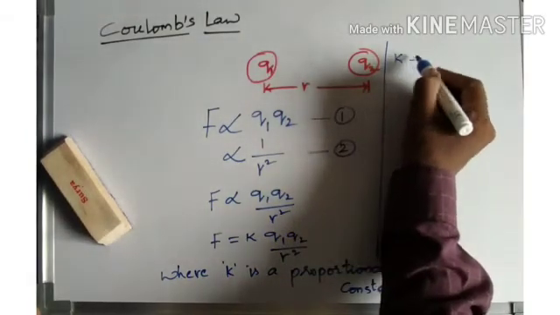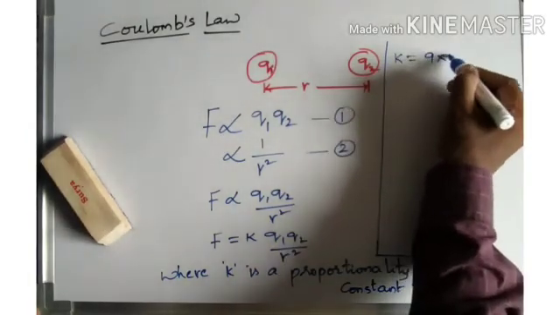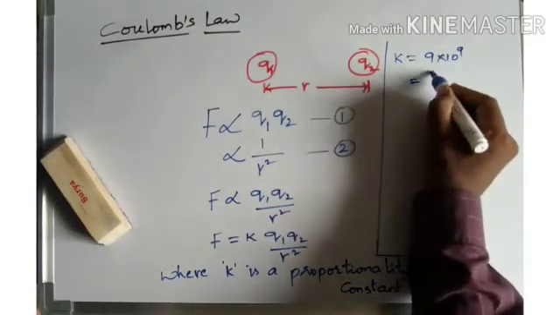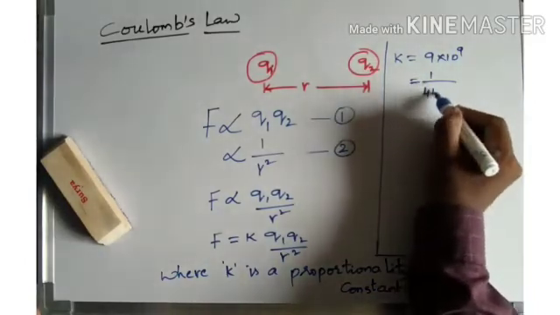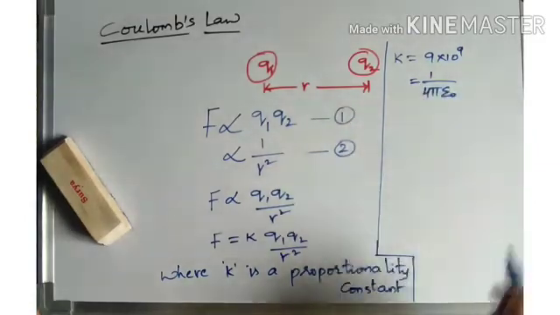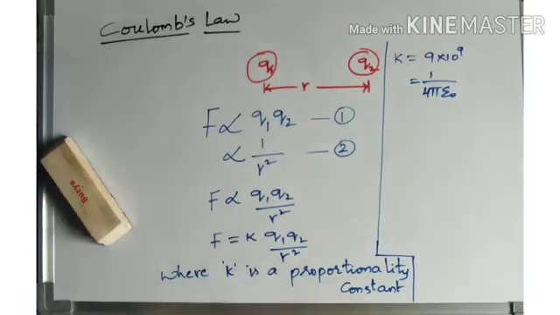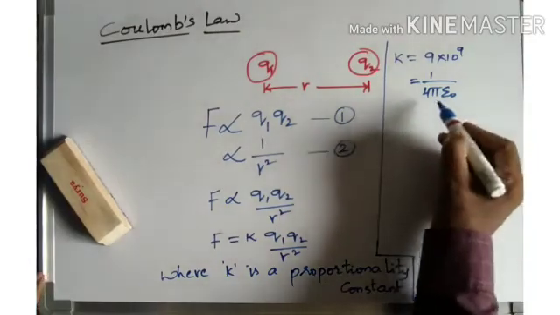K value is 9 into 10 to the power 9. Its expression is given by 1 by 4 pi epsilon naught. What is this epsilon naught? Epsilon naught is nothing but the permittivity of the medium. We'll discuss that in another video.